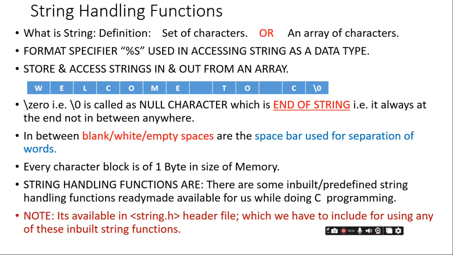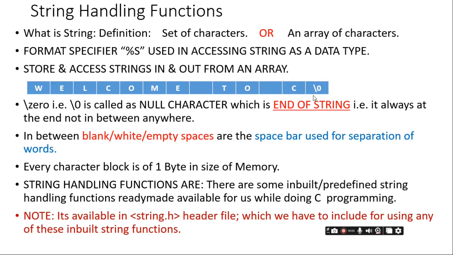S stands for string. How the strings are stored and accessed in and out from an array in case of doing C programs. So if I want to write this line of words, that is "welcome to C", which has two blank spaces in between three words, and lastly the whole line ends with the slash and zero, which stands for null character.